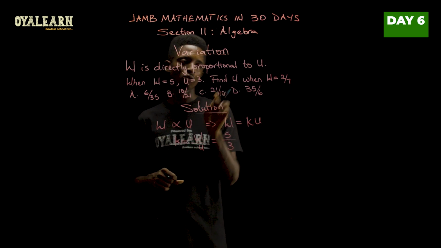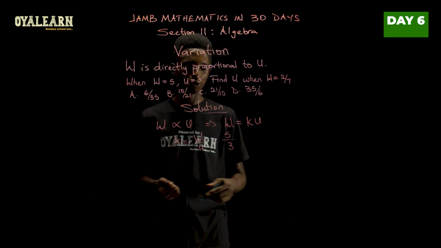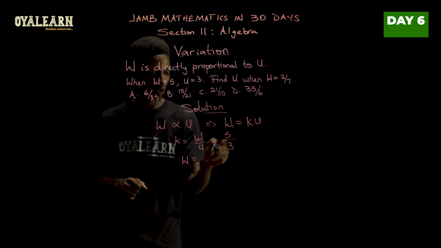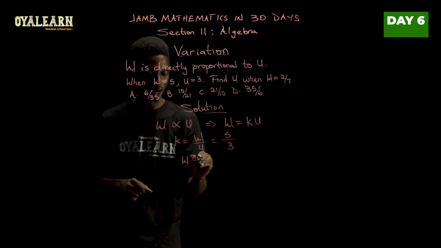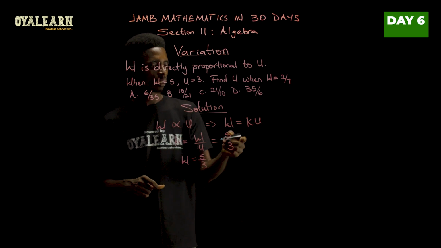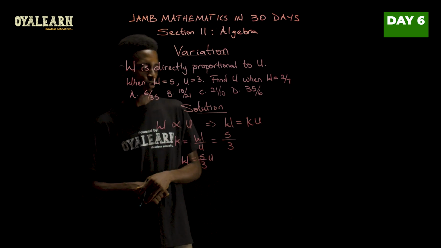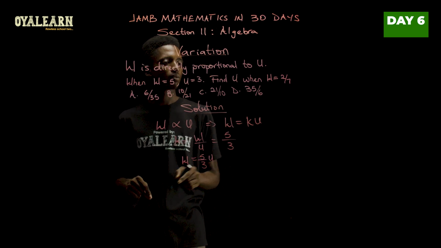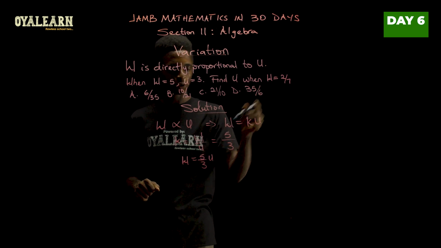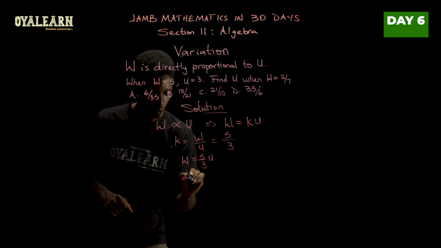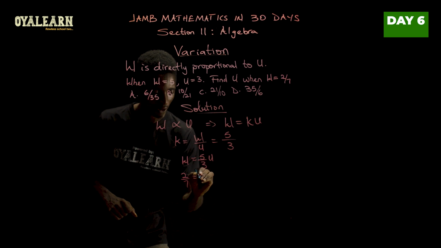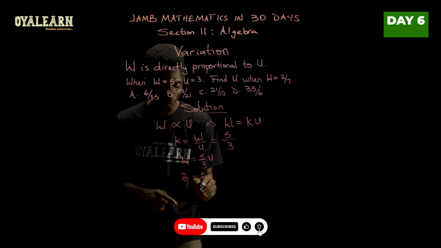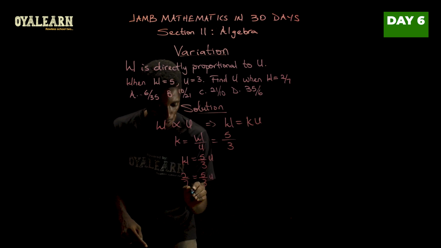Now let's find U when W is 2 over 7. Back to this, we'll have now that W equals K, which is 5 over 3, of U. We're trying to find U, but we know that the value of W is 2 over 7. So we'll have 2 over 7 equals 5 over 3 U. From here, we can cross multiply.